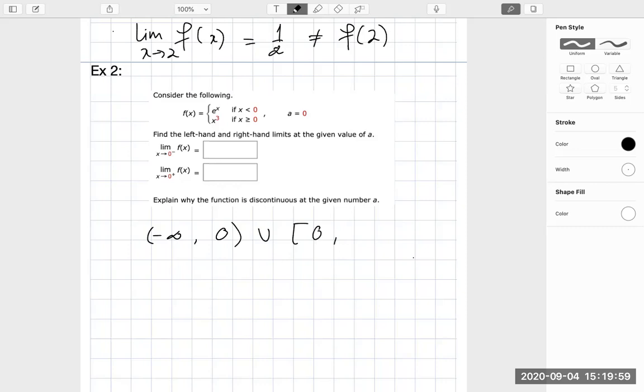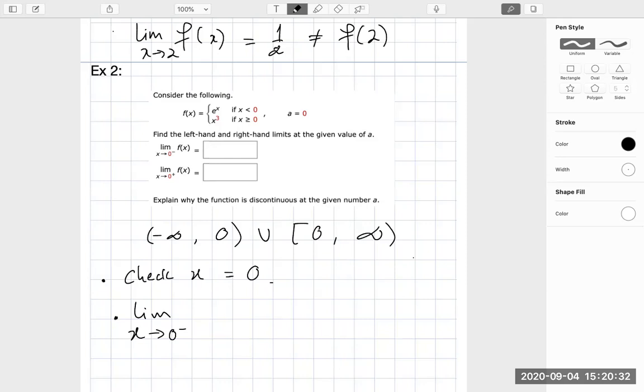And from 0 to infinity, e to the x is continuous on the first interval. x cubed is also continuous on the second interval. Therefore, the only point we need to check is at x equal to 0. What we need to do is to check the left-hand limit when x approaches 0.